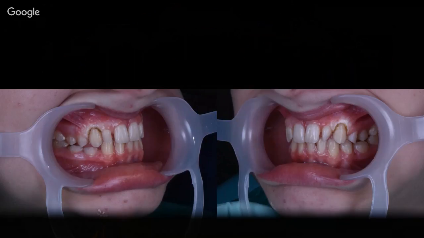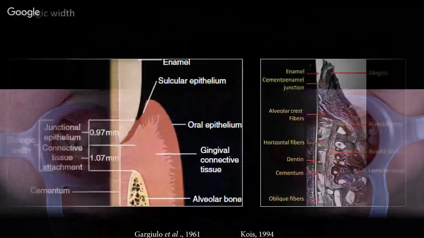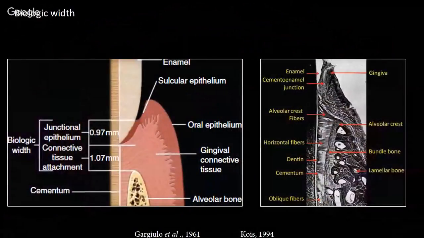Of course, as I told you before, first of all, diagnosis. So I want to specify that I respected, and every time that I'm working with soft tissue, it's mandatory to check biologic width, not only biologic width, but the entire periodontium.